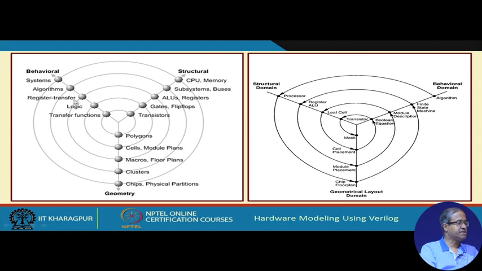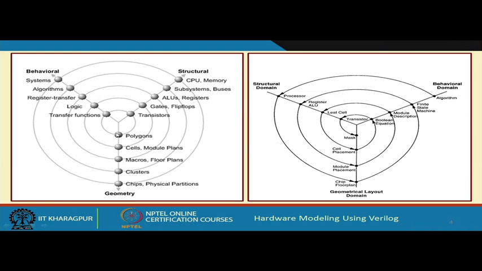At the next level you have register transfer level blocks, you have ALUs and registers in the netlist, and here you have macros and floor plans. At the next level inside you have logic cells, gates and flip flops. Here you have connections of gates and flip flops, here you have cells and module plans, and at the lowest level you have transfer functions, transistors and polygons.